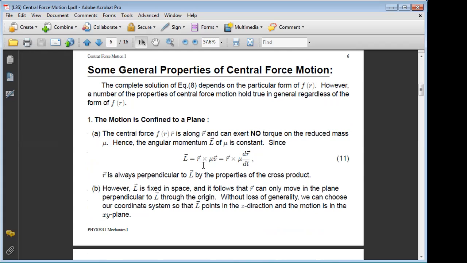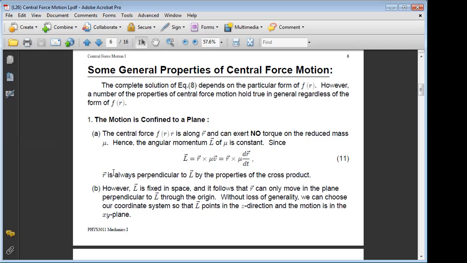How do we know? Since the force is a central force along the position vector r, it can exert no torque on the reduced mass. In the absence of a torque, the angular momentum of the reduced mass is constant: L equals r cross mu v, also equal to r cross mu dr/dt.